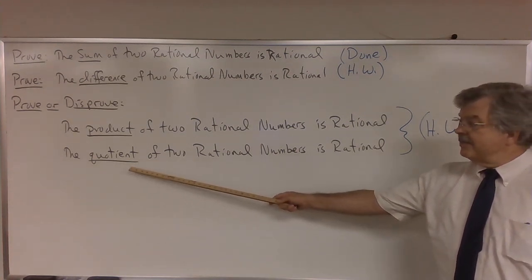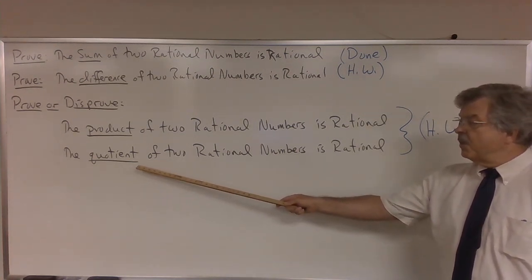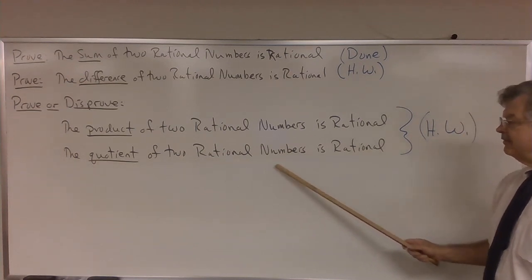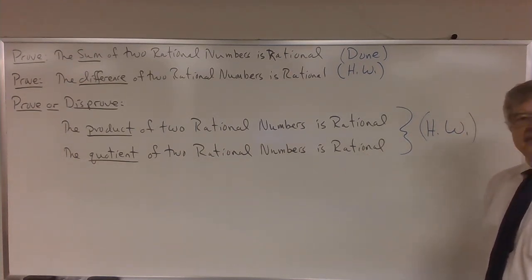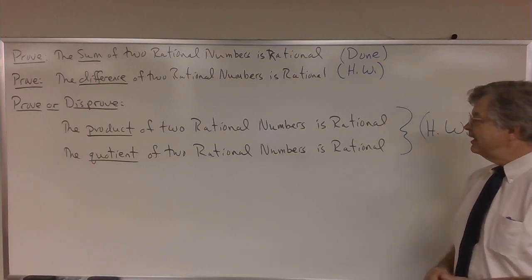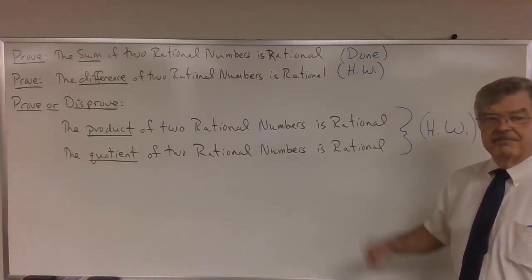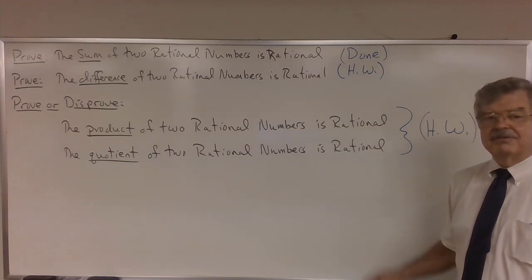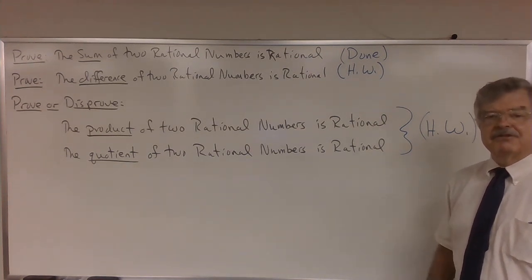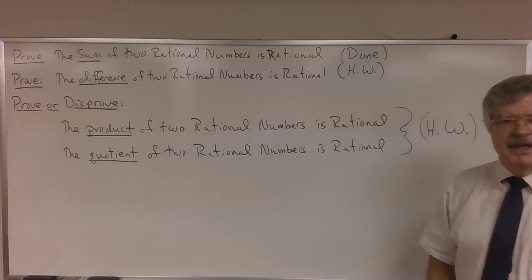And the second proposition is the quotient of two rational numbers is a rational number. And again, if they're true, prove them. If they're false, provide a counterexample that shows that they're false.